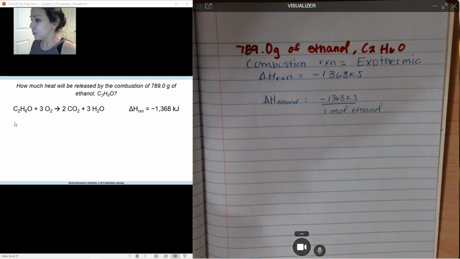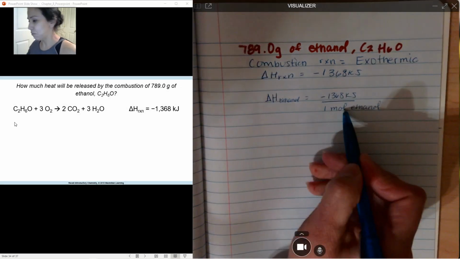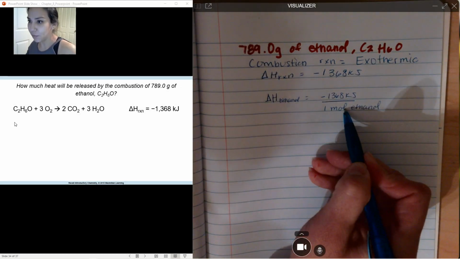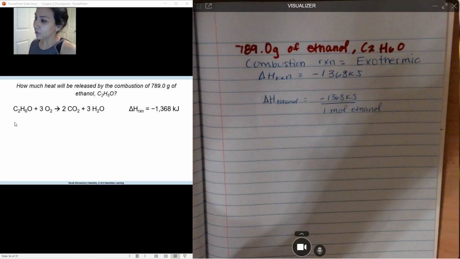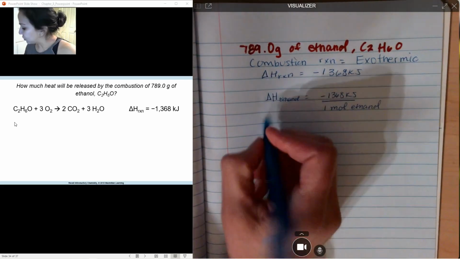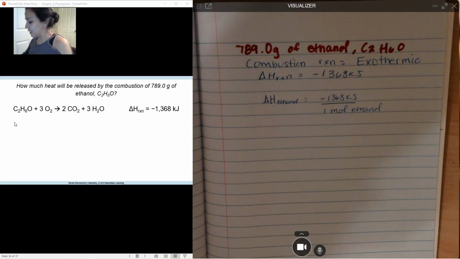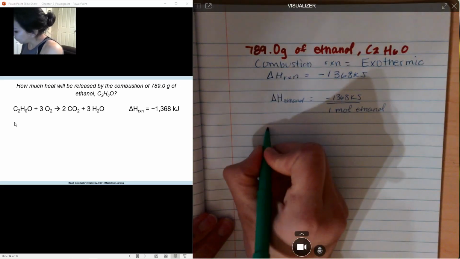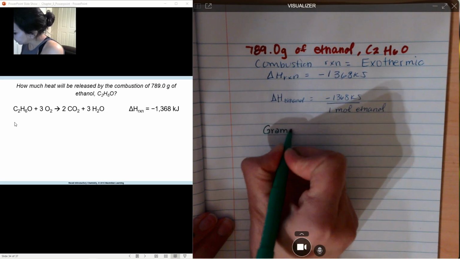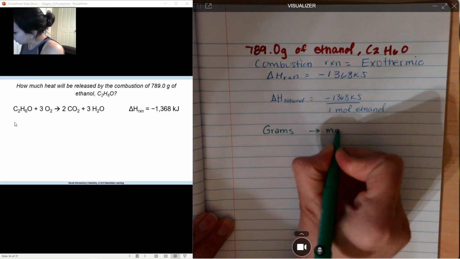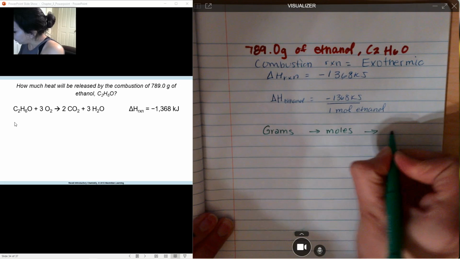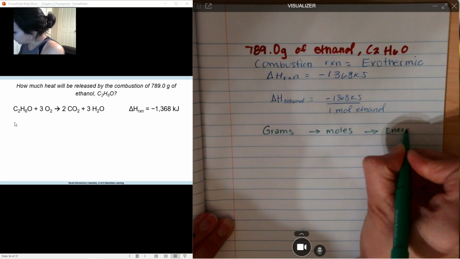So how do we actually report this in heat without this mole value there? We want to get rid of that mole value. We're going to do a little bit of our dimensional analysis here. We're going to take our grams and convert them into moles, and then from moles to our energy value.